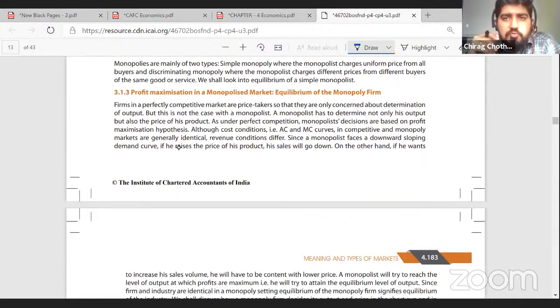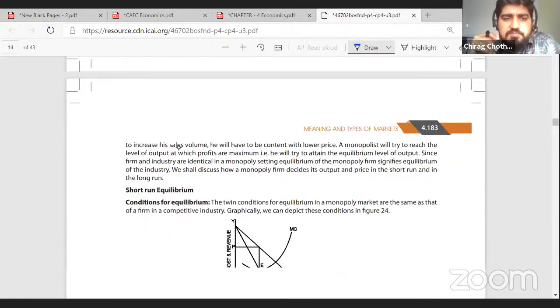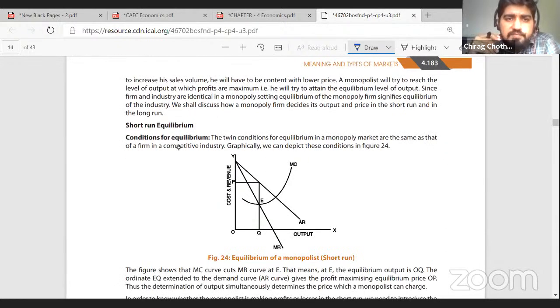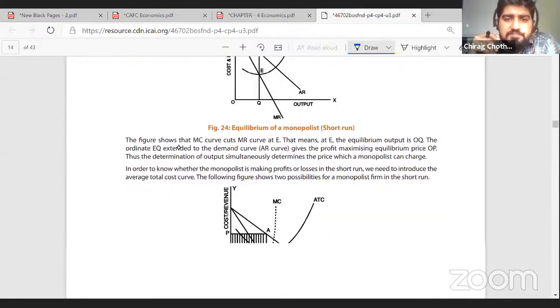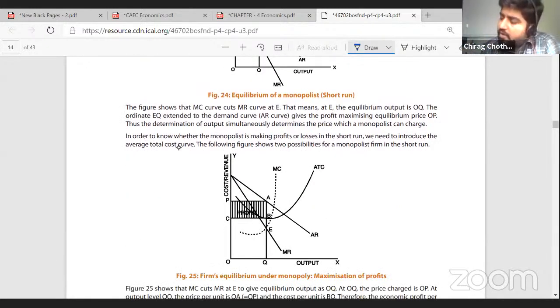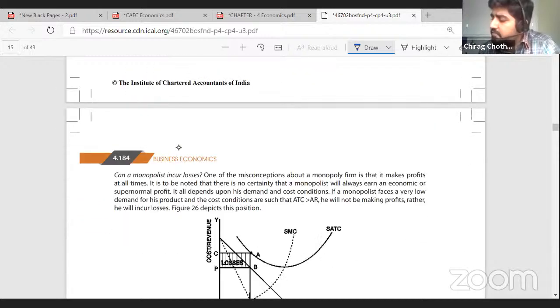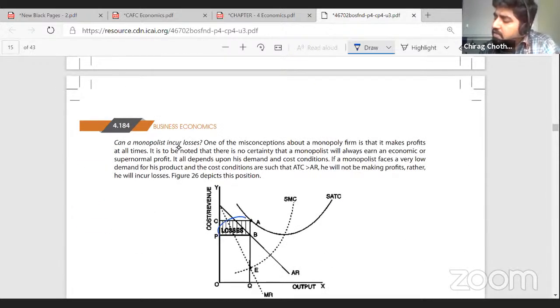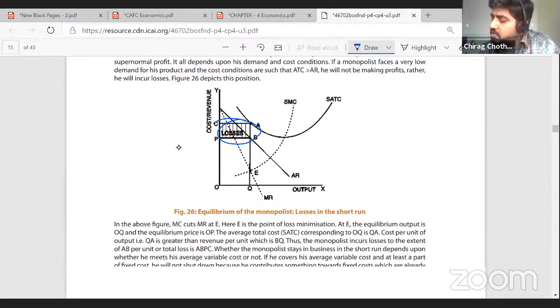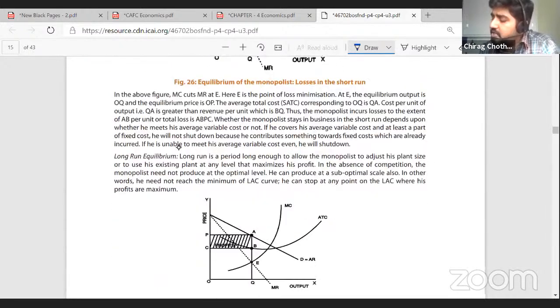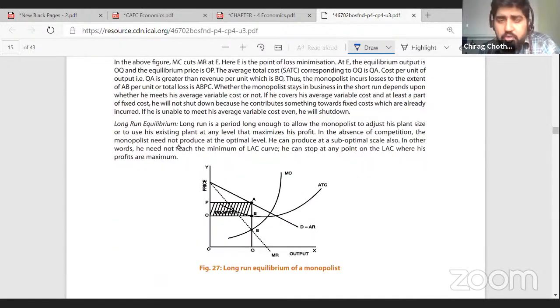In case of the monopoly market, profit maximization, what are we going to have? In short run equilibrium, in case of monopoly market, the first thing we are going to have is supernormal profit. So if you see this part, profit, I'm going to draw this diagram. Students, just by looking at this diagram, I'm not sure if you will be able to understand this. We can also have losses in the short run, but in the long run, if you're a monopolist, you will never satisfy yourself with losses or with normal profit.